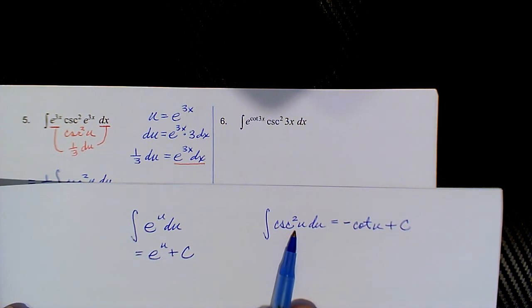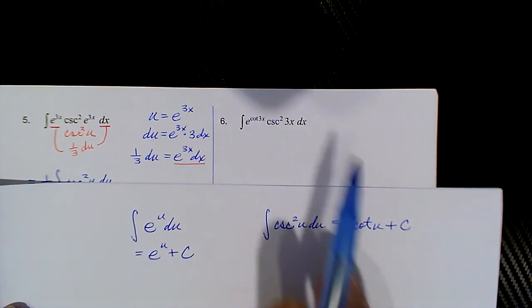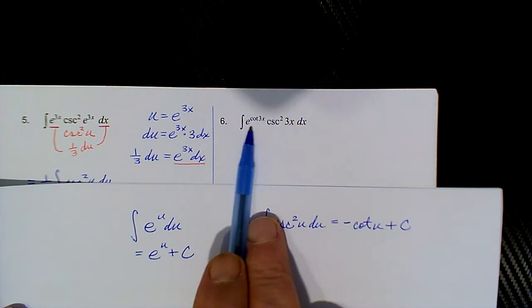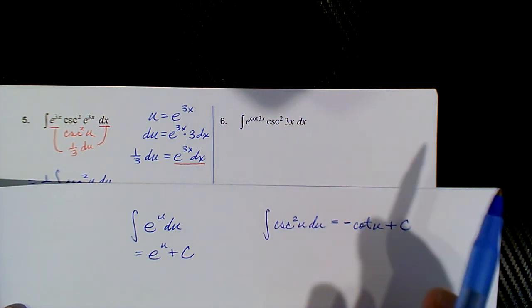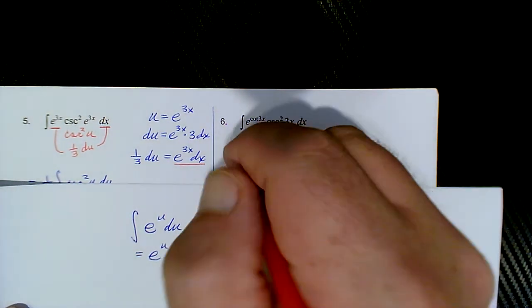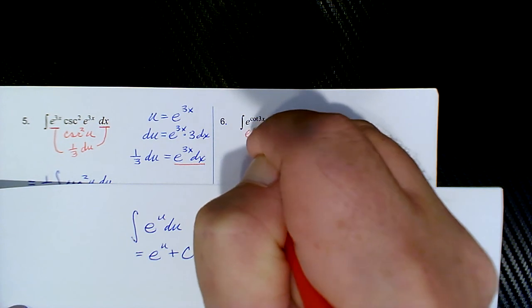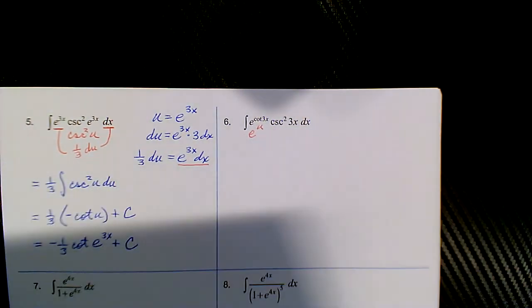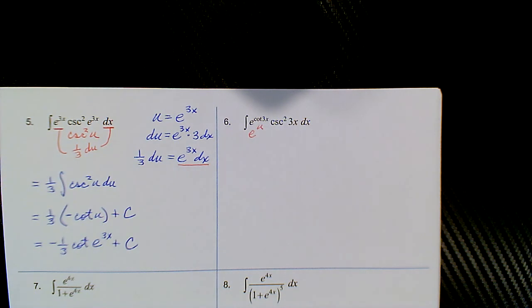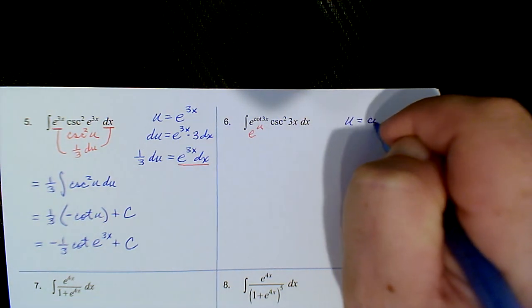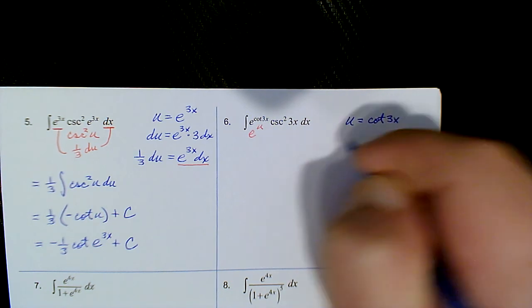If you tried to fit cosecant squared of u like we did in the last example, your u would have to be 3x, and then good luck generating this part to be the du. So it's usually pretty obvious which one is not going to work. In this case, the one that we would expect to work is e to the u, by choosing u to be the cotangent of 3x.